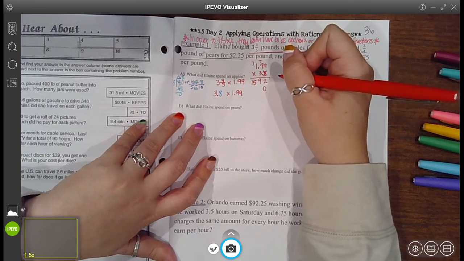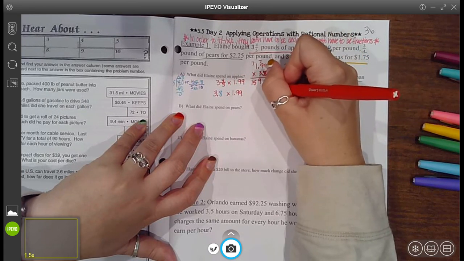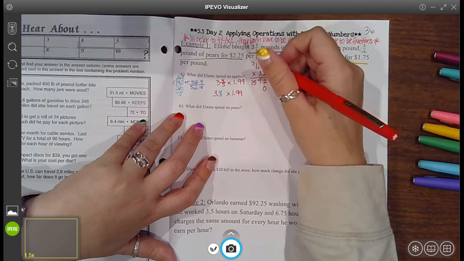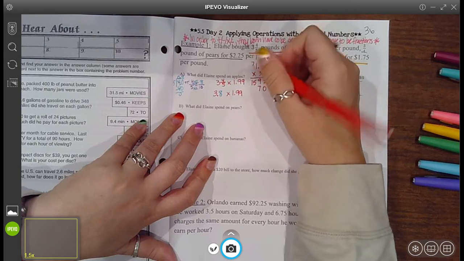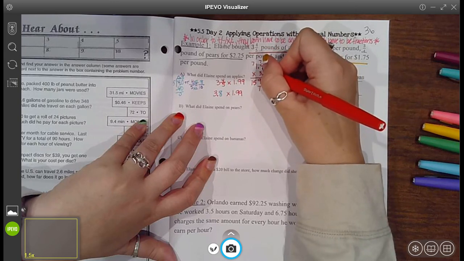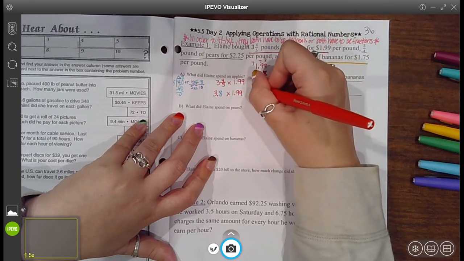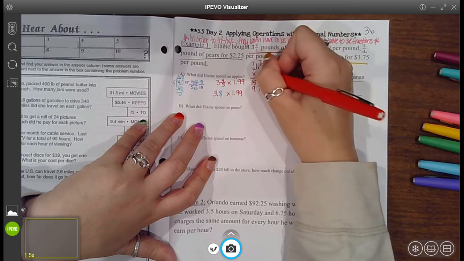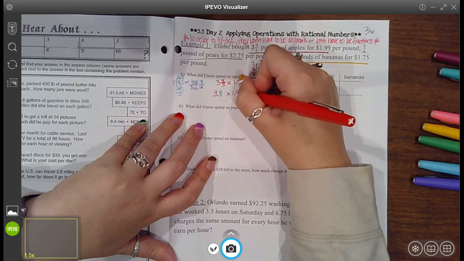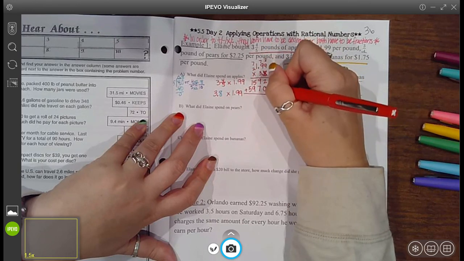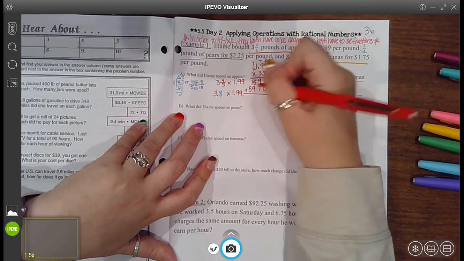We're just multiplying like normal. So I put a 0 placeholder here so that now I'm in the tens place. And 3 times 9 is 27. 3 times 9 is 27 again, but plus 2 is 29. And 3 times 1 is 3, plus that 2 is 5. Make sure that your columns are lined up straight so that you add the right things.